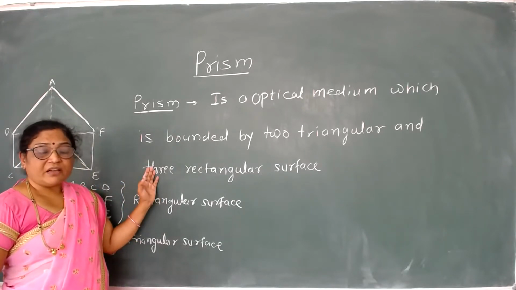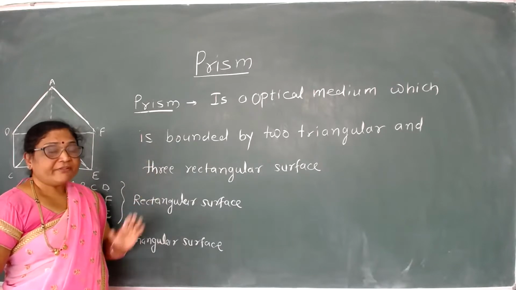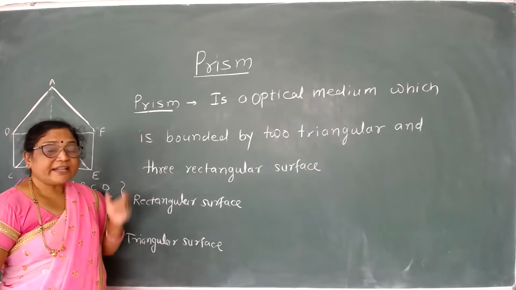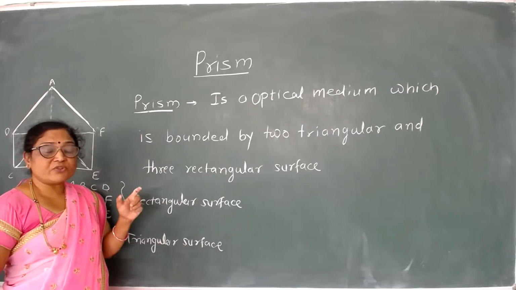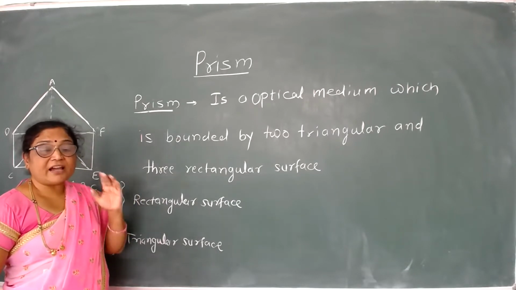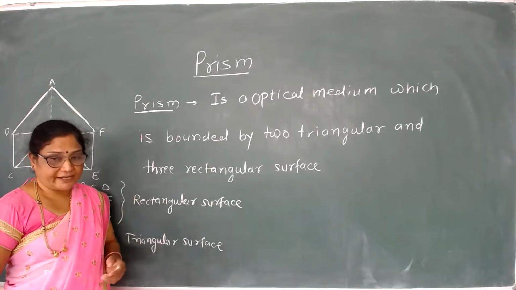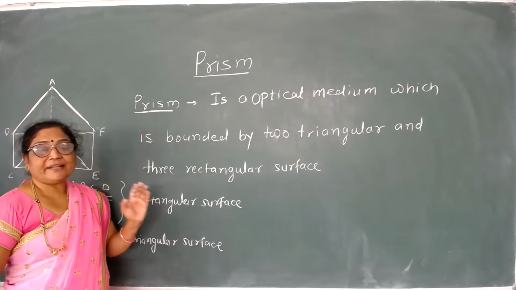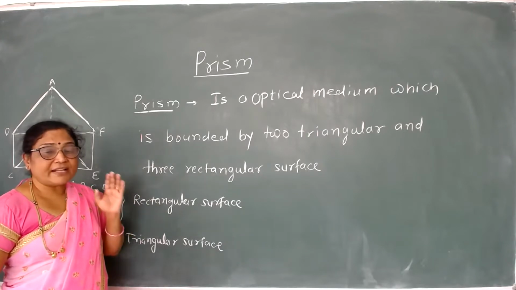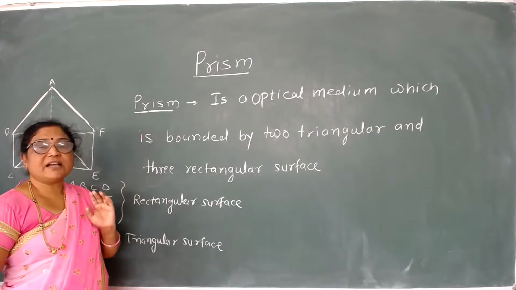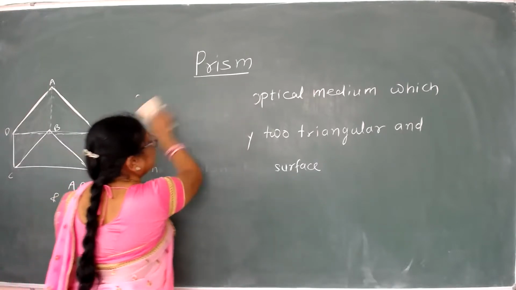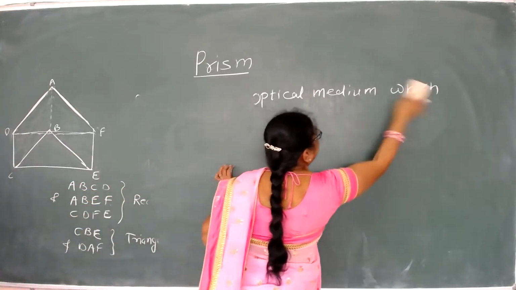We know that there are two types of light. When the light is propagated from one place to another place, there are two types: one is known as monochromatic light and the other is known as composite light. So what is the meaning of monochromatic and what is the meaning of composite?